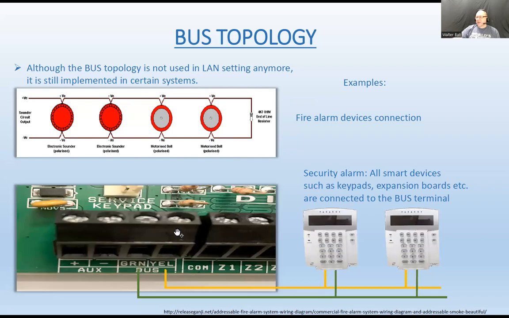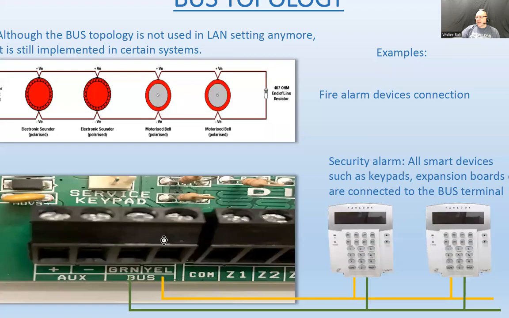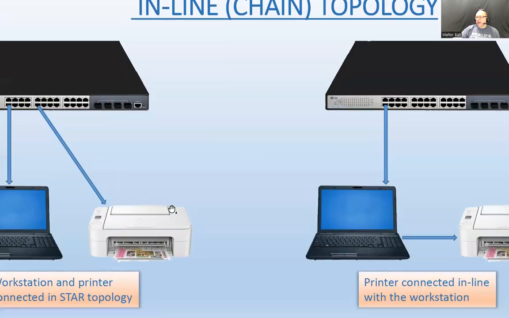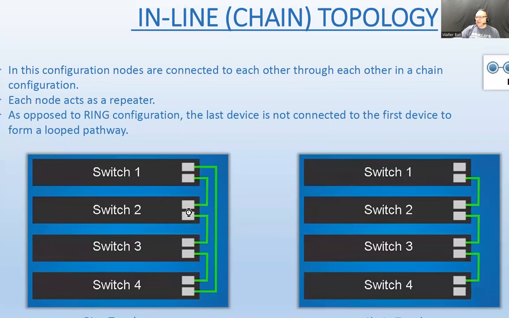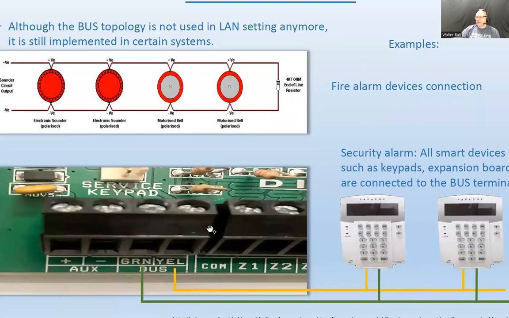Now here is a security alarm, and look at this. Oh, come on. There we go. Here is a terminal that says bus. It actually says bus. So each keypad would have 4 wires connected. I didn't draw the other ones.